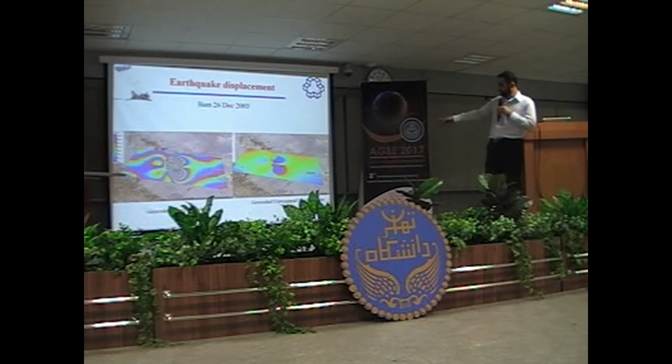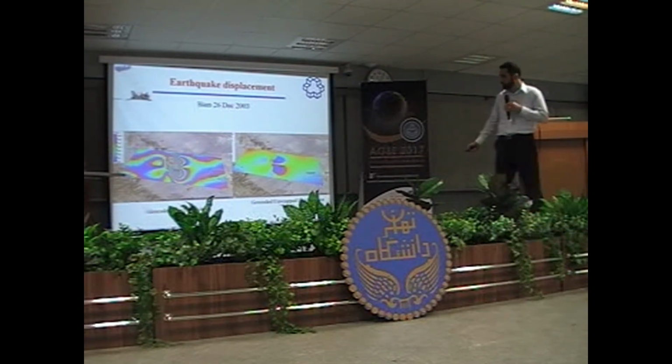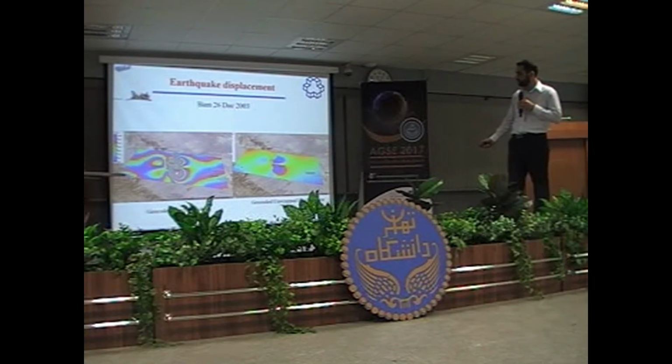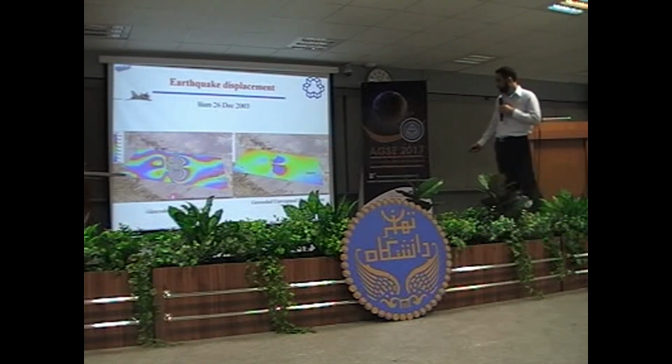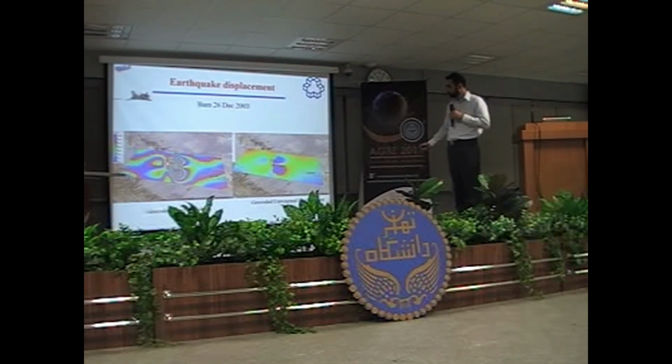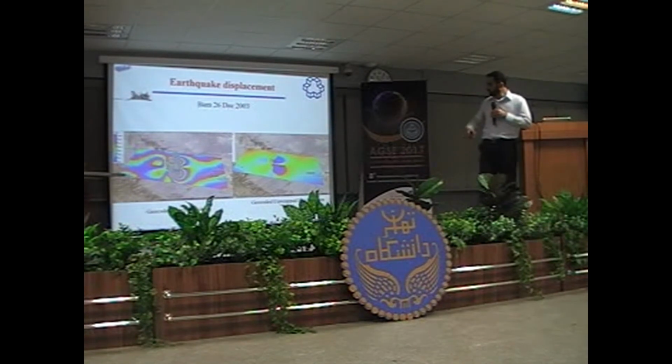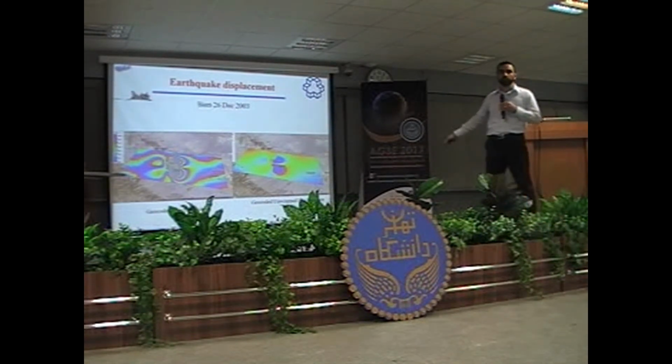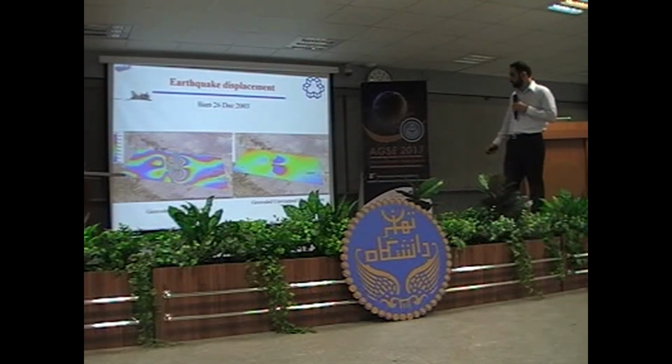We also calculated this interferogram using ENVISAT data before and after the earthquake, and you can see the main fault, and there are two centers in this earthquake. So a lot of information can be obtained from the interferograms generated here. This is before unwrapping, this is after unwrapping.